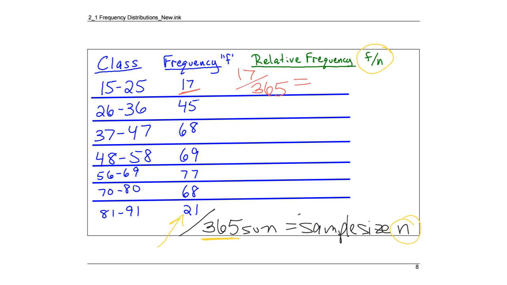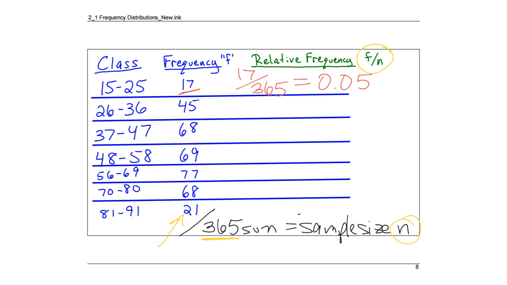So if I take 17 divided by 365, I get 0.0465. So I'm going to go ahead and round up, and I get 0.05. So this first class makes up about 5% of all of the classes.